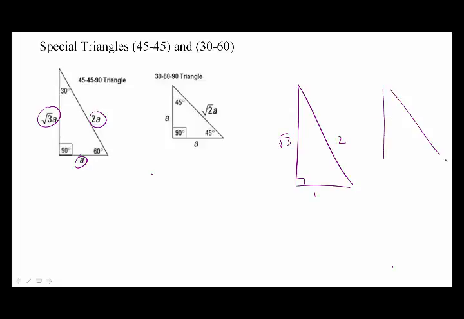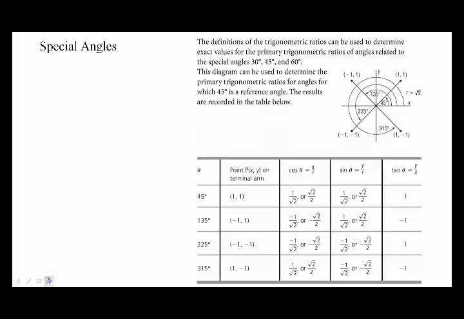The 45 triangle is 1, 1, root 2. Memorize those two triangles. They're really important. Don't copy this down right now. It's in your book. I know, because I took a screenshot and put it in here.